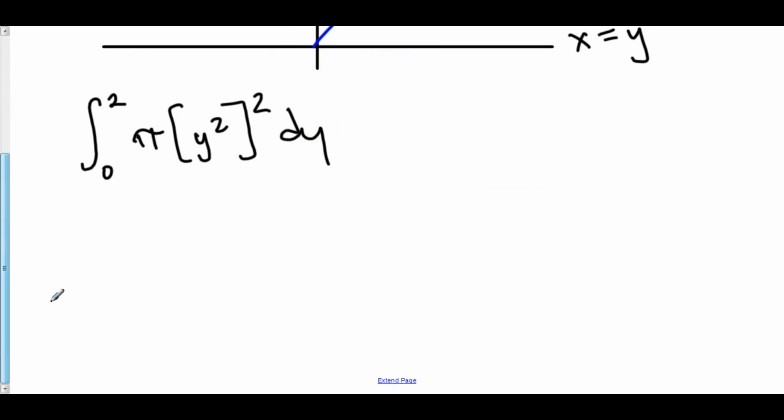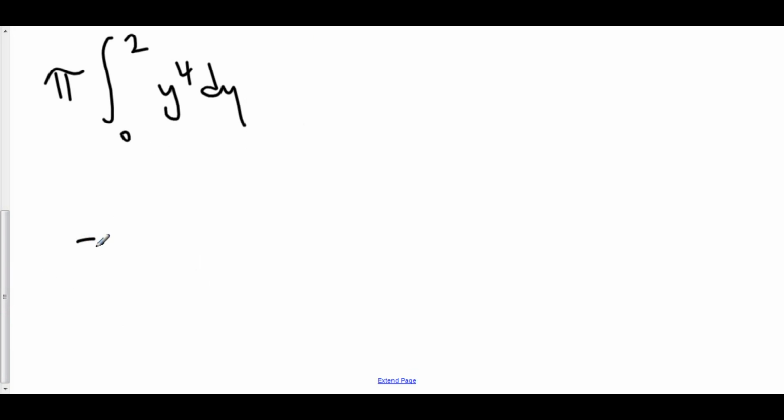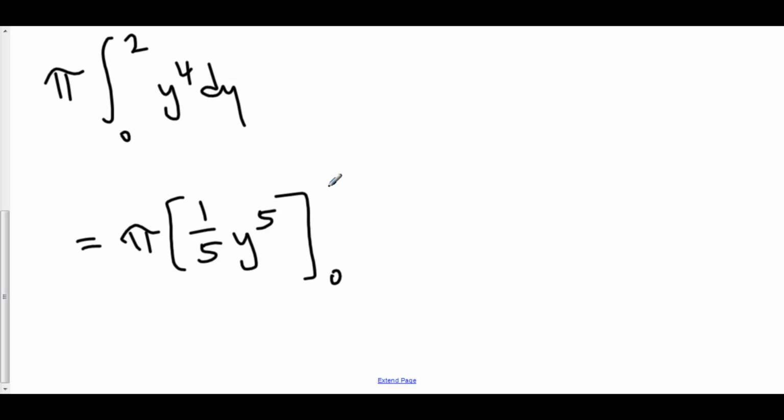Let's actually do it. Let's pull out the pi. We've got the integral from 0 to 2 of y to the 4th dy. This is equal to pi. The antiderivative of y to the 4th is 1/5 y to the 5th, and this is from 0 to 2.